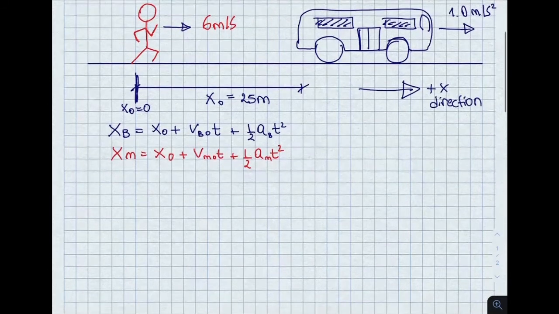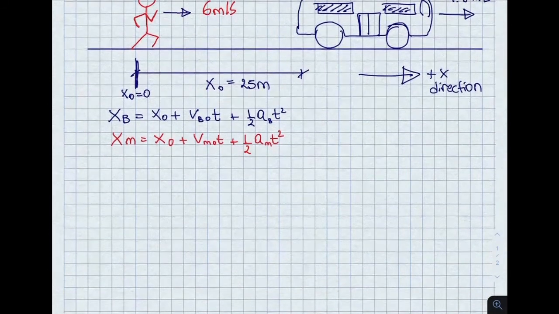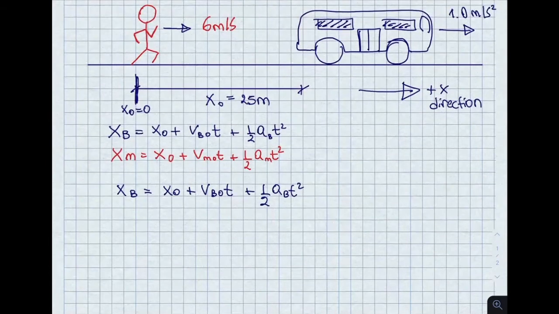To start off, let's start with blue for the bus. The position of the bus is x0 plus the initial speed of the bus times t plus 1/2 the acceleration of the bus times t squared. If the initial position is x equal to 0, then the bus is 25 meters ahead.